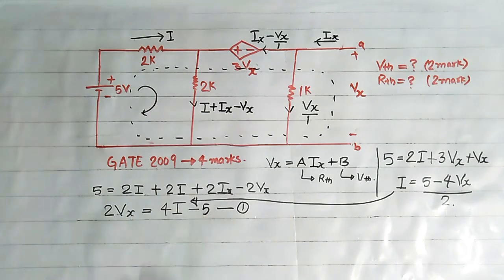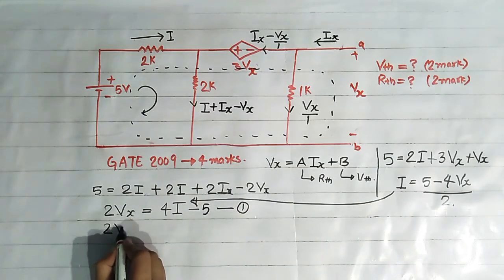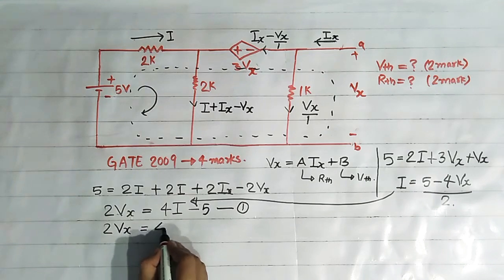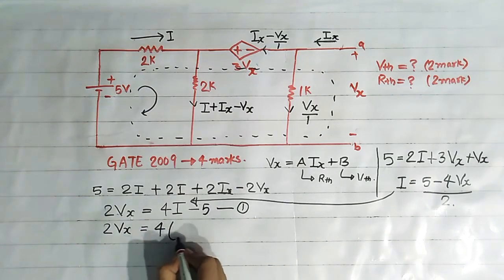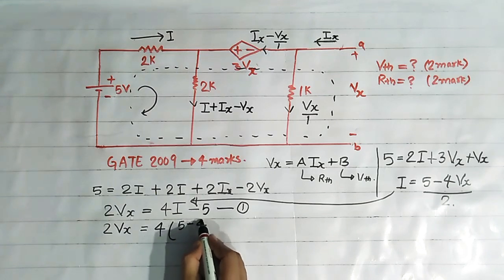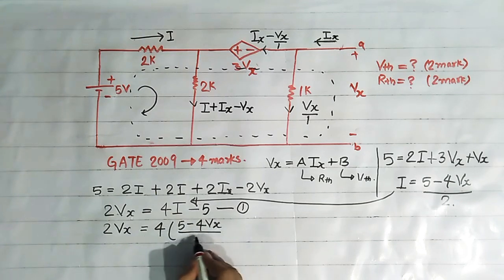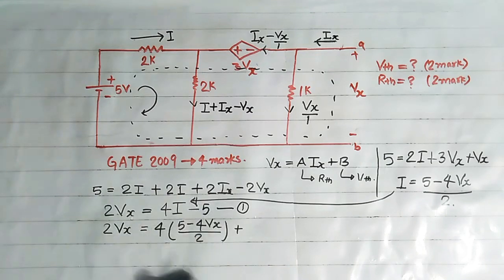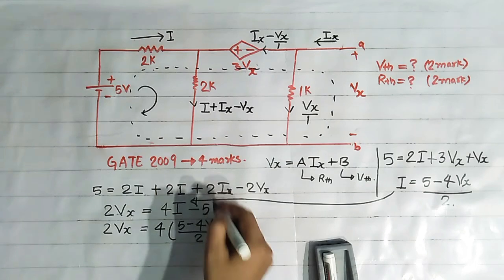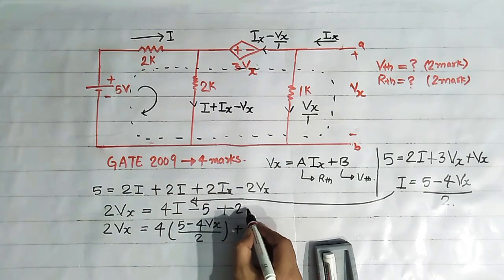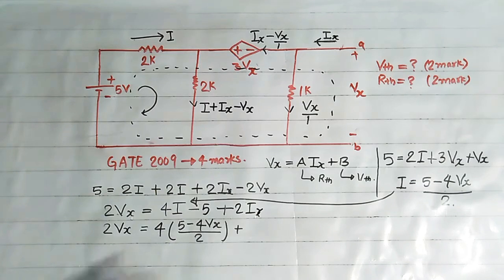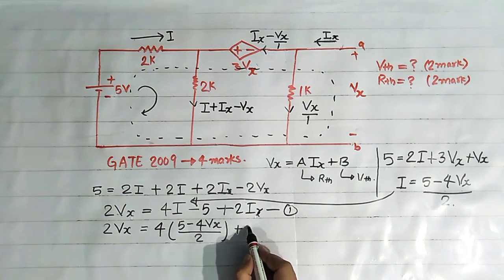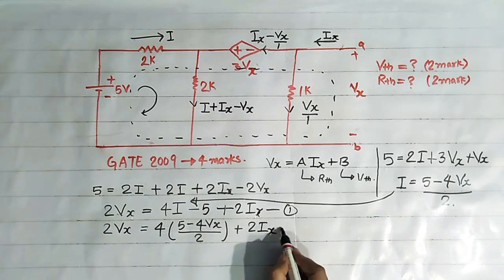Now put the value of current I here. So when we put the value of current in this equation, then we get 2Vx is equal to 4, and what is I? That is equal to 5 minus 4Vx by 2, plus, here this 2Ix was missing, so plus 2Ix minus 5.